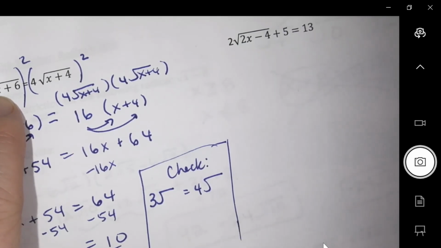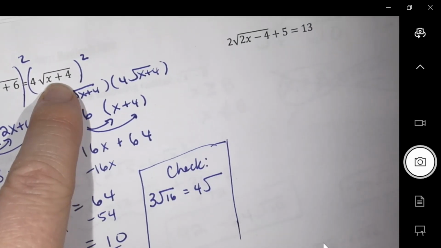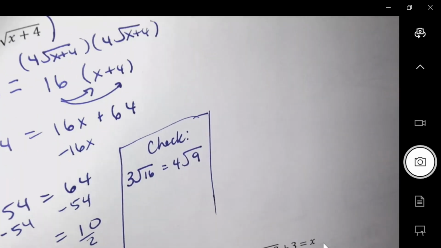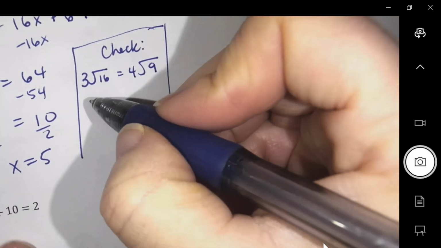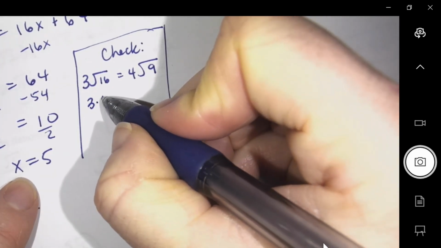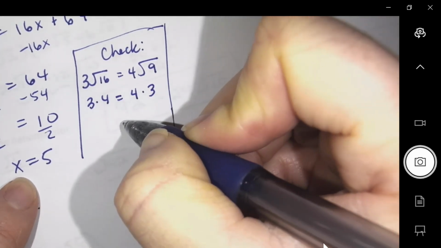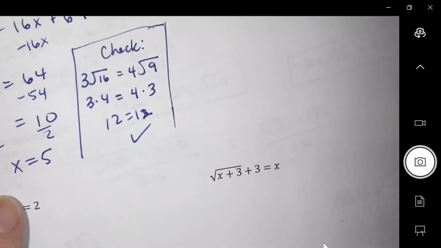Plus 6, 16. What is 5 plus 4? 9. So that's what I would have if I plugged it in, which would be 3 times 4. And this would be 4 times 3. 12 equals 12. Our answer is good.